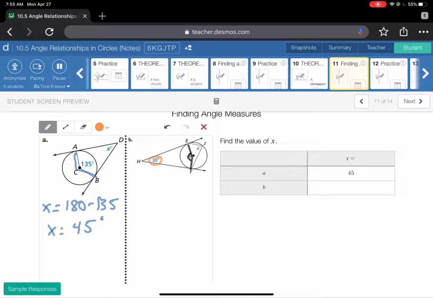Because this angle, 30, is equal to 180 minus this angle EGF, I'm just going to call this a different variable, say y. Why? Just because that's what I want to use. Okay, so I'm basically working backwards to figure out the measure of that angle. So this is going to be using inverse operations. We're going to subtract 180.